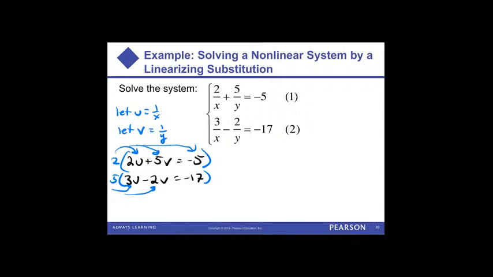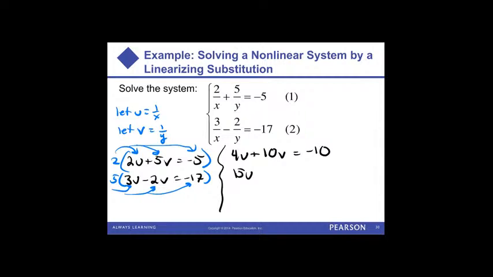So then when we do this, we're going to get 4u plus 10v equals negative 10. We're going to get 15u minus 10v equals negative 85. If we add these two equations together, this adds to 0. That's going to be 19u equals negative 95.